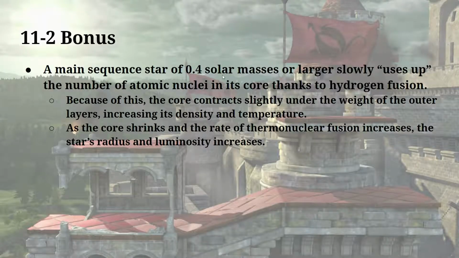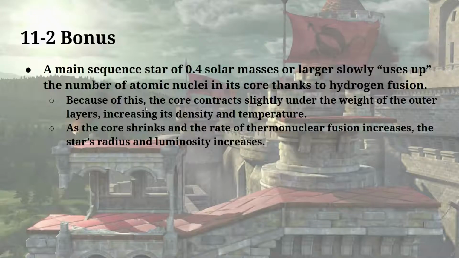A main sequence star of a little less than half of our sun, or larger, slowly uses up the hydrogen nuclei in its core, thanks to hydrogen fusion. Because of this, the core contracts slightly under the weight of all of the outer layers, which increases the density and temperature of the interior. And because the core shrinks, everything in the center gets a lot hotter, so the fusion increases, and then the radius increases and luminosity increases.